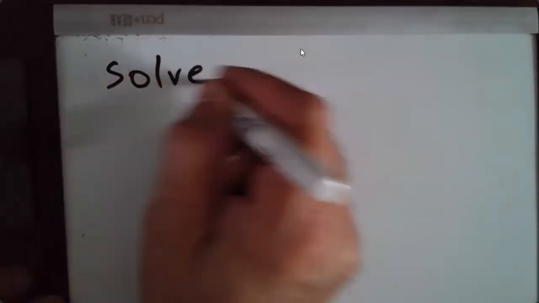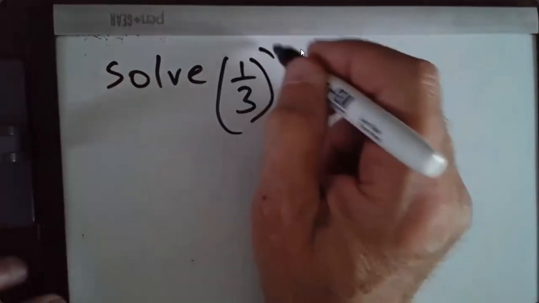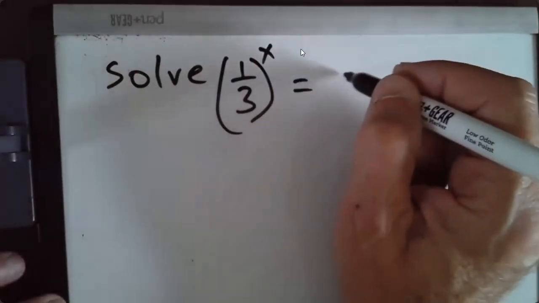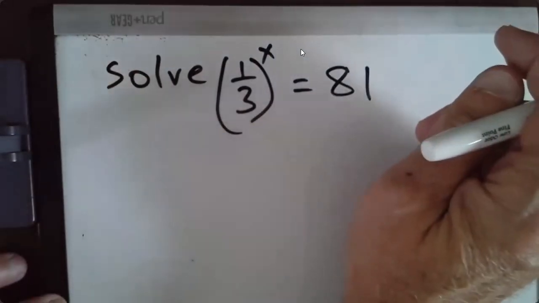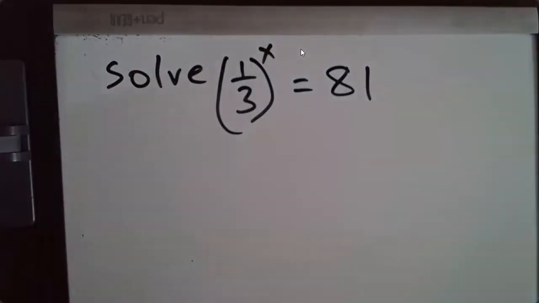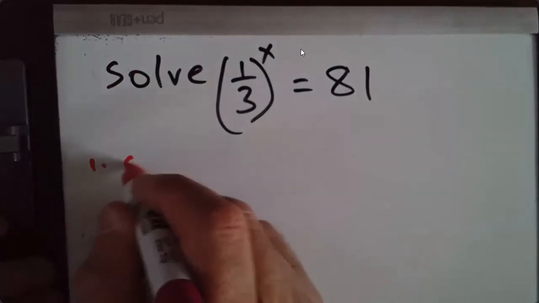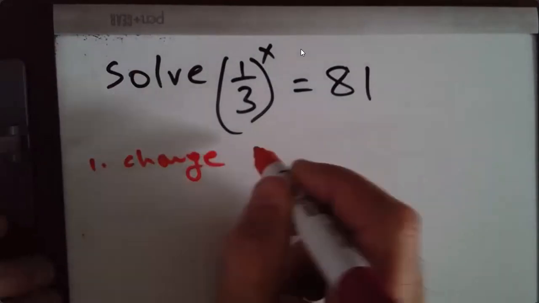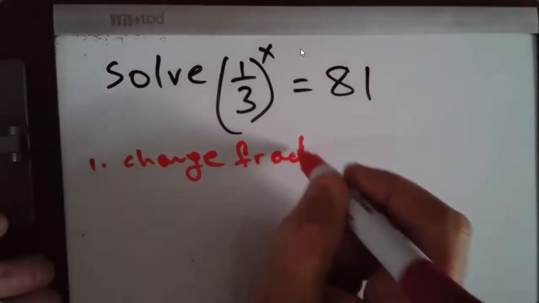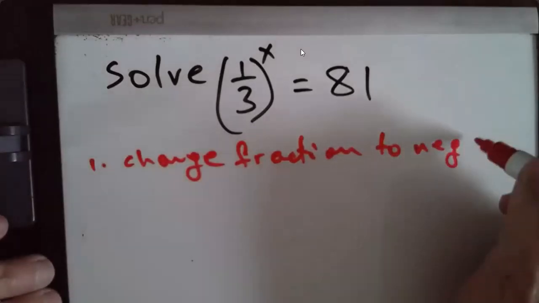We want to solve for (1/3) to the x power equals 81. First thing we want to do is change the fraction to a negative exponent. Step 1: change any fractions to a negative, so that it has a negative exponent.